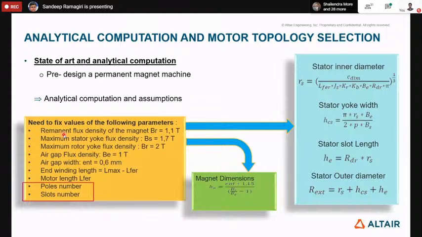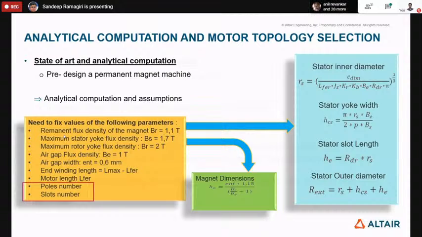On the right side there are certain analytical equations which we can use to target the stator inner diameter, rotor yoke length, stator yoke width, rotor slot length, stator outer diameter, and the magnet dimensions.